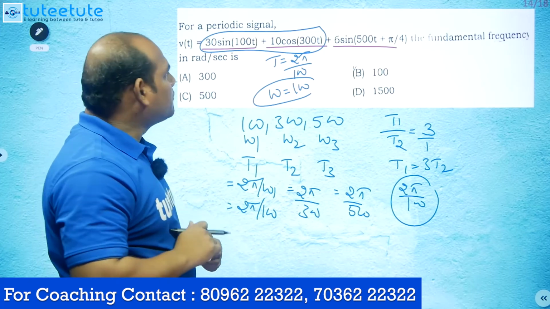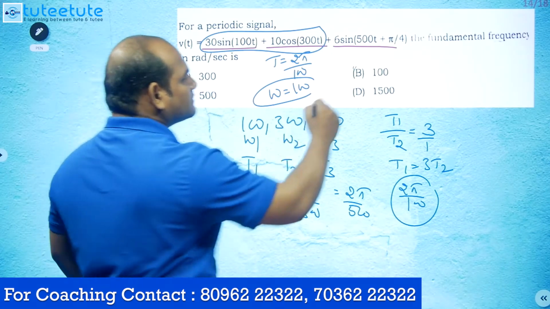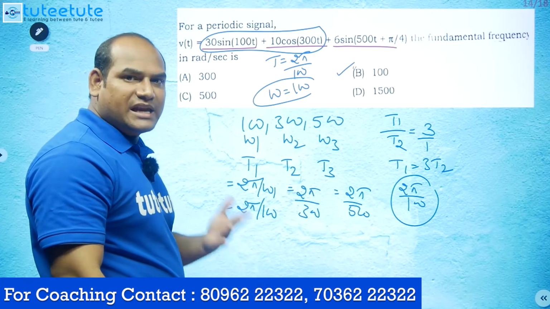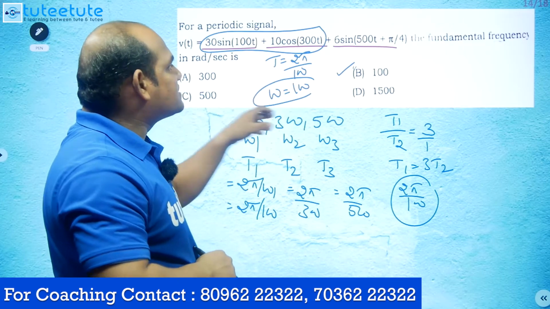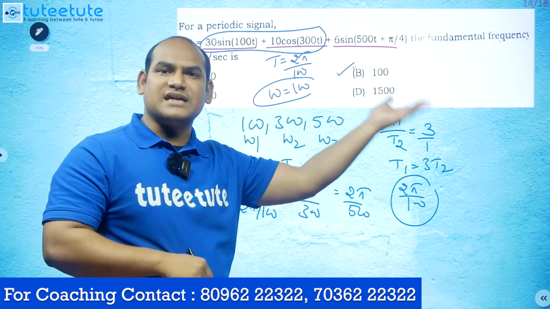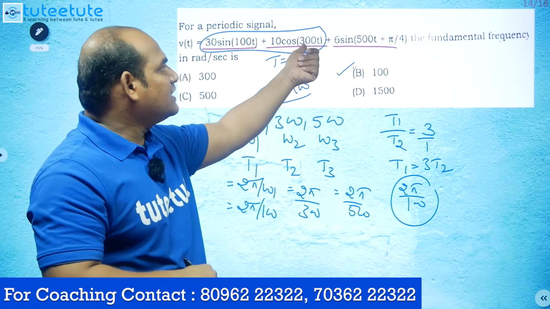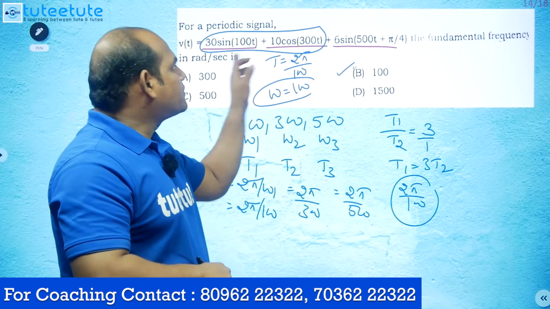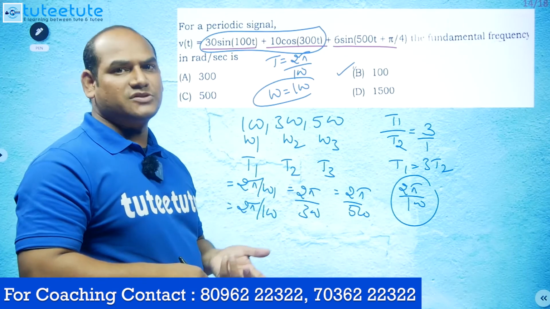That means simply we can tell 100 is the fundamental frequency of this particular signal. Otherwise, simply by seeing the options, the minimum frequency out of all the options is 100 only. So 100 is the answer, because 100 into 1 we will get this one, 100 into 3 is the third multiple of 100, and 500 is the fifth multiple of 100. So integer multiples of 100 only, by seeing the options also we can tell, or by using this procedure also you can tell.